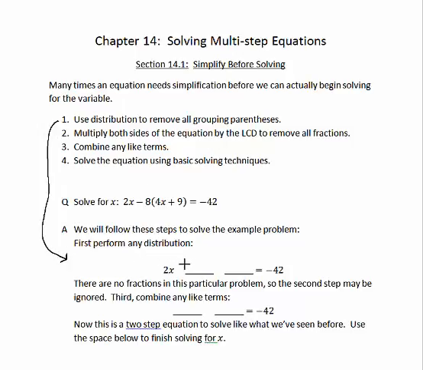Perform the distribution. If I distribute the negative 8 to each term in parentheses, that includes 2 terms. So I would say negative 8 times 4 would give me a negative 32x, and negative 8 times 9 would give me a negative 72.